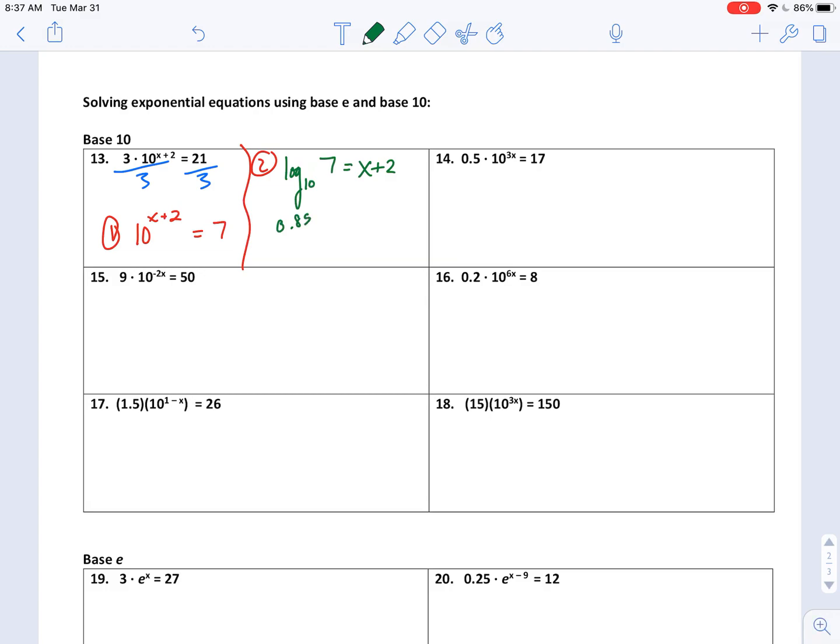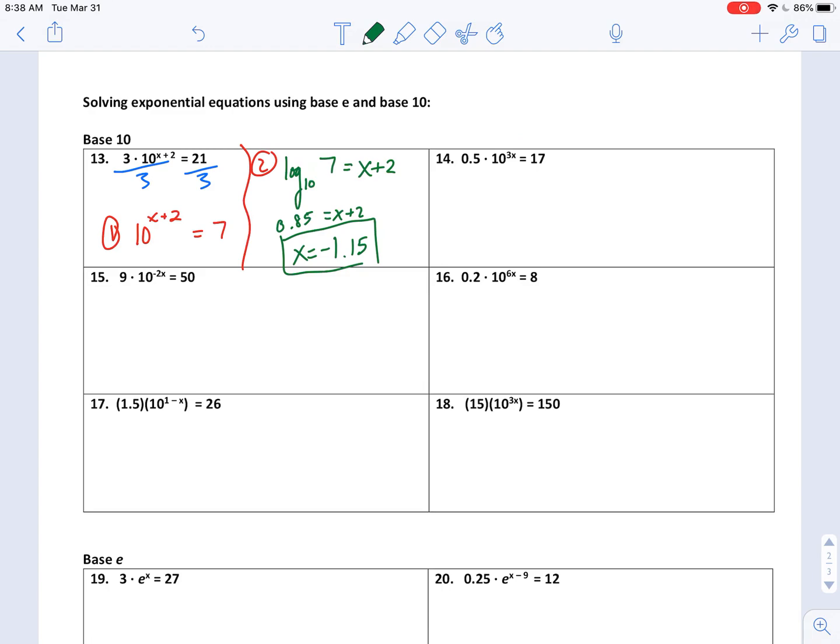So what we can do now is we can simplify this. We can evaluate that log in a calculator and get 0.85 approximately equals x plus 2, and then we can subtract the 2 to get x equals negative 1.155, about negative 1.15, somewhere around there.